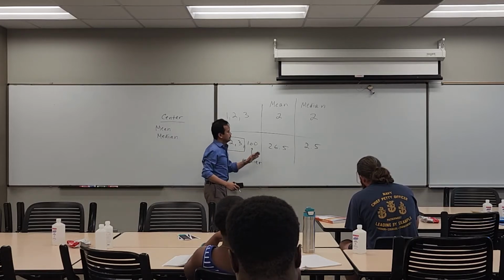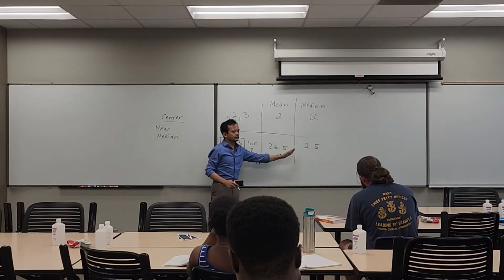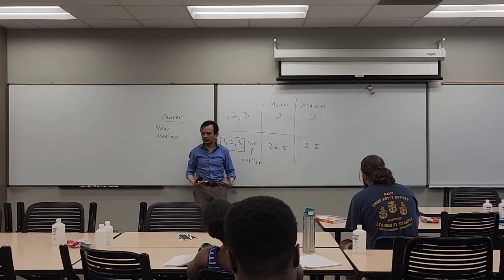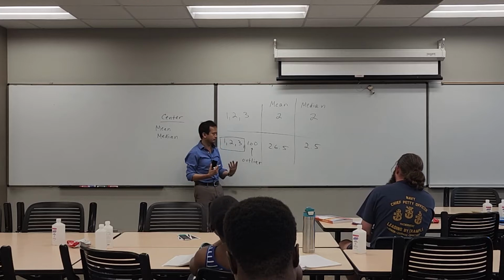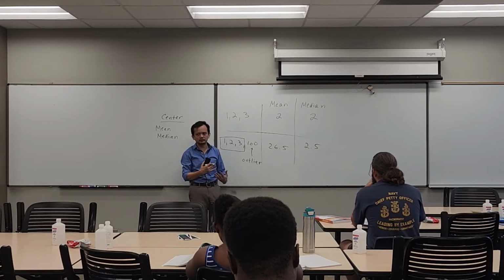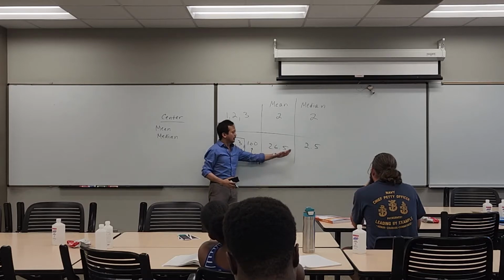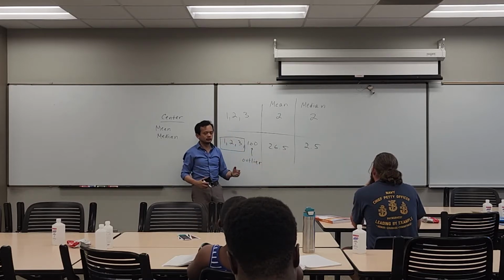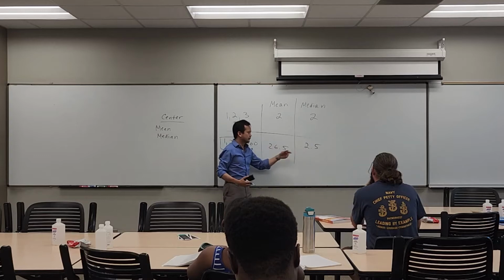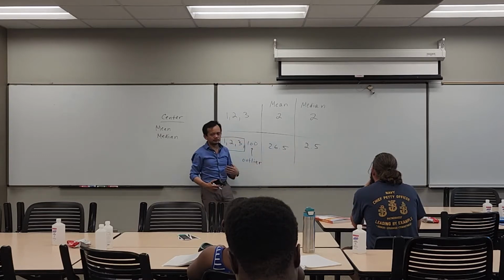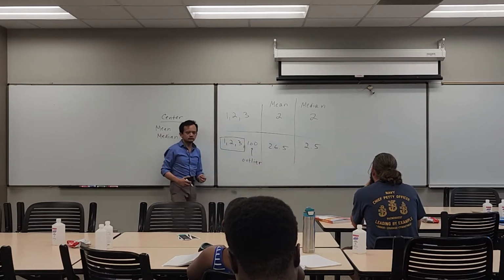So, given that the measure of center is designed to gauge the most typical, the most ordinary number in that group, which measure of center do you think is more appropriate? Well, first of all, which measure of center is more resistant to this outlier? The median.